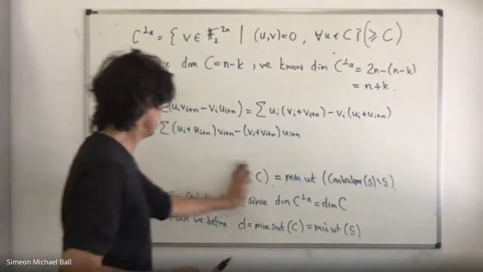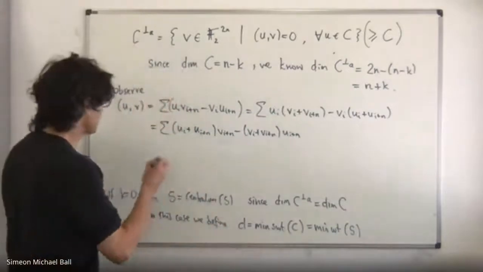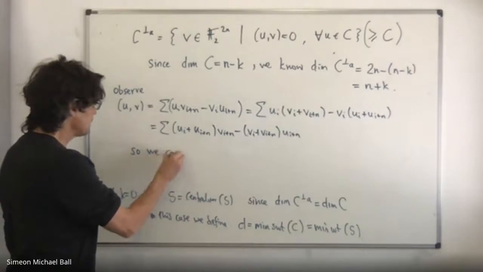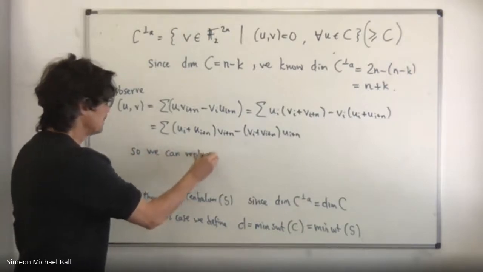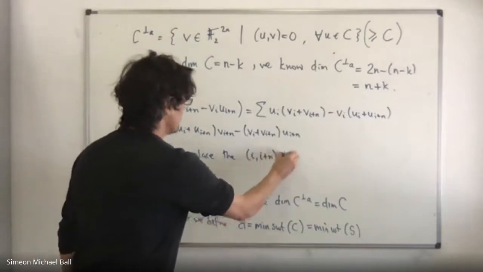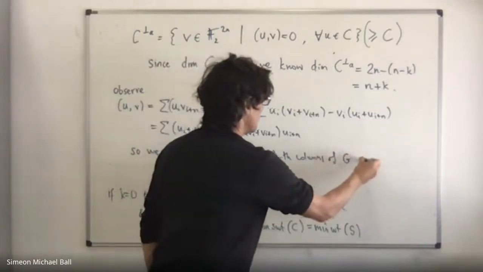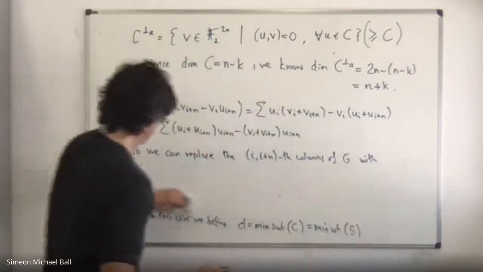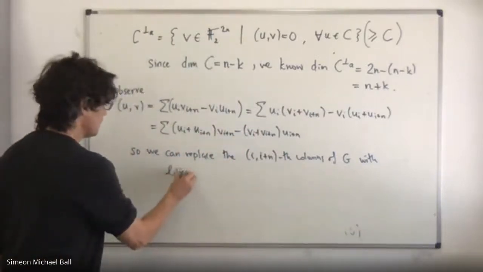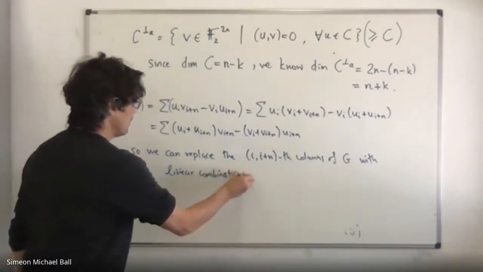So we can replace, I mean, when I say anything, it's up to equivalence, so we can replace the i plus n column of G with linear combinations of these columns.